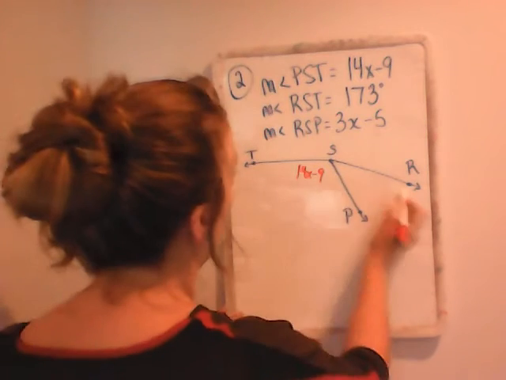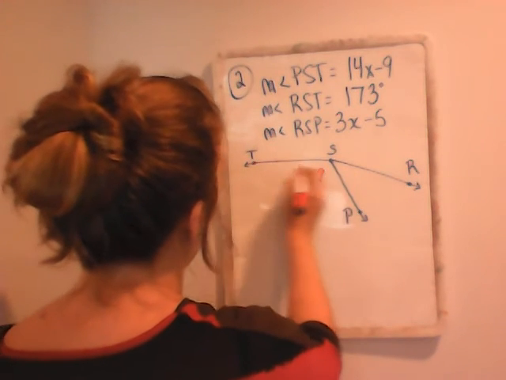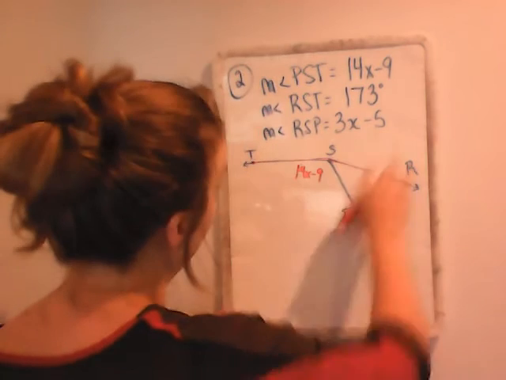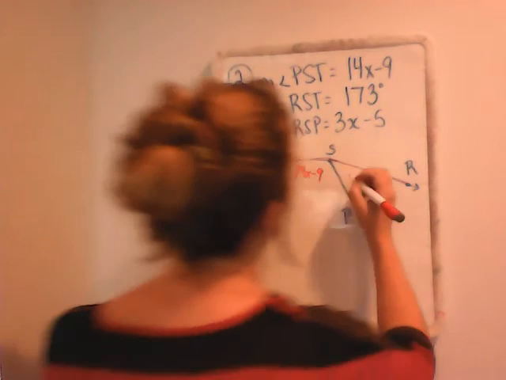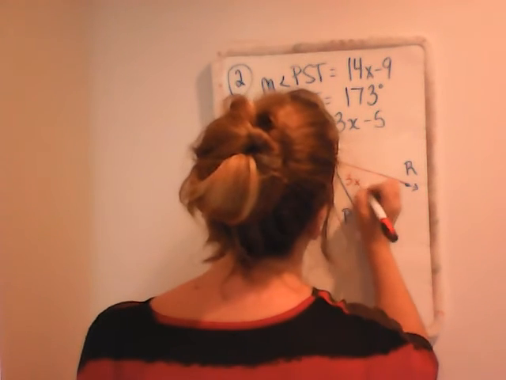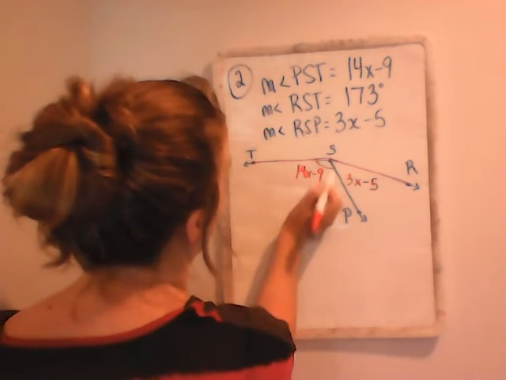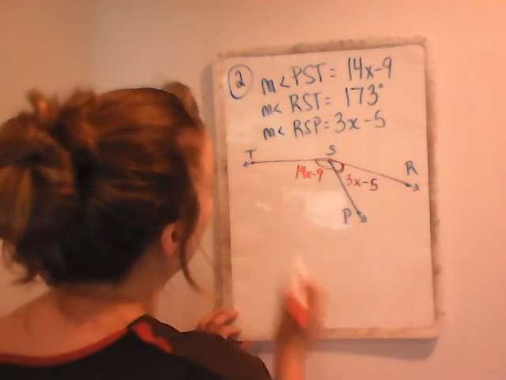RST, the whole thing, this big angle here, is 173 degrees. And RSP is 3x minus 5. So this piece plus this piece is going to equal the whole thing.